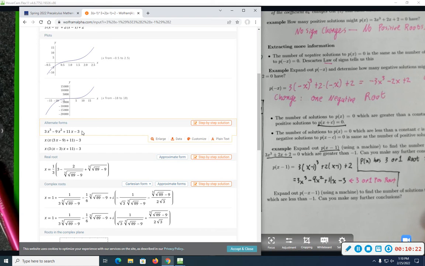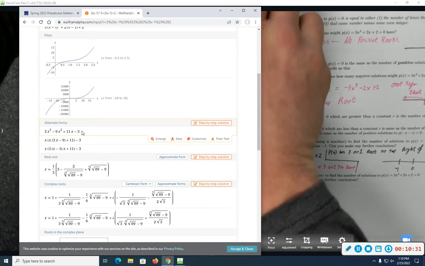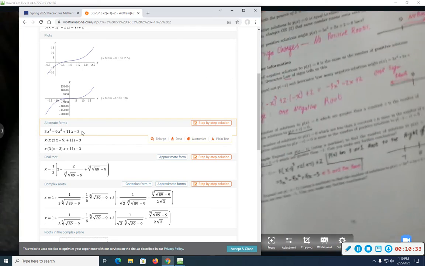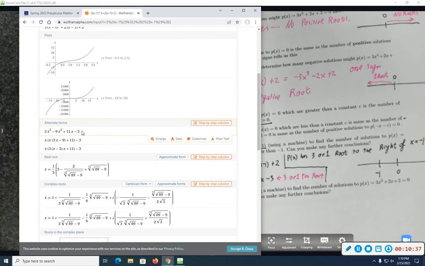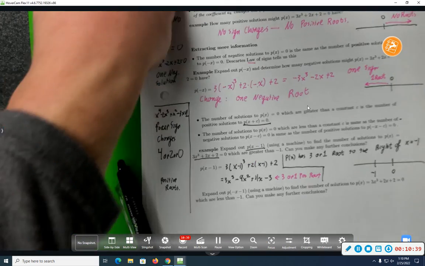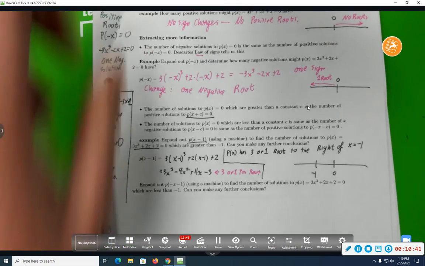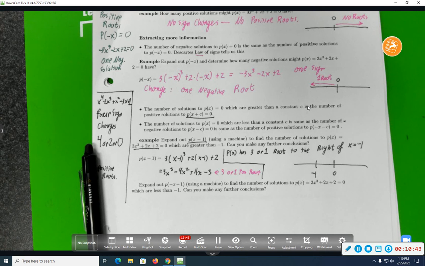So drawing a picture, there's 0, there's -1. Oh yeah, of course you can't see that, sorry. So the conclusion is p of x, and I should probably click here. P of x has either 3 or 1 root to the right of x equals -1.